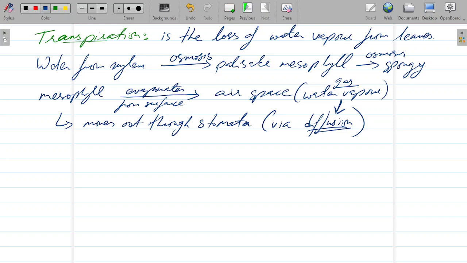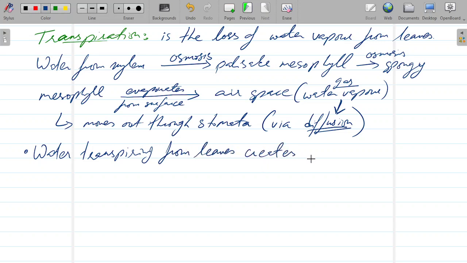Now, water that is transpiring, so meaning that it's being lost from the leaves, water transpiring from leaves creates a suction.